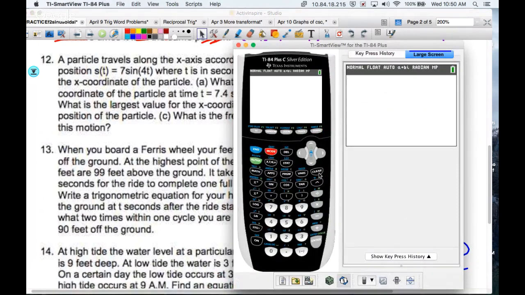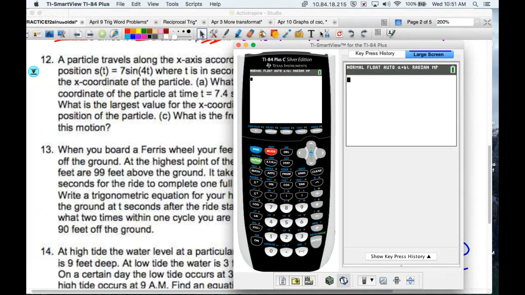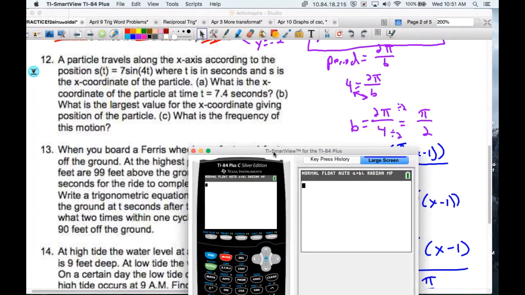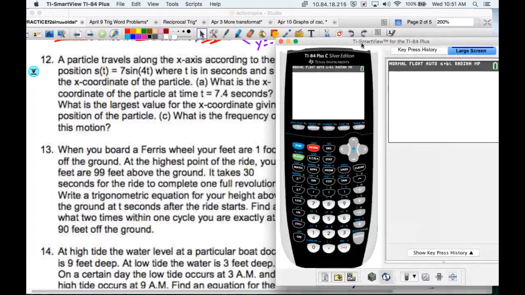To calculate this, I'll just plug it in. Make sure I'm in radian mode. All of these problems have been in radian mode. We can just assume that this one is as well. I don't know if it exactly said it, but it is.